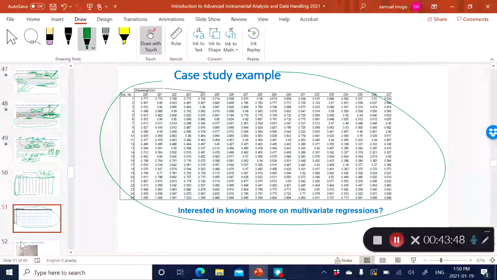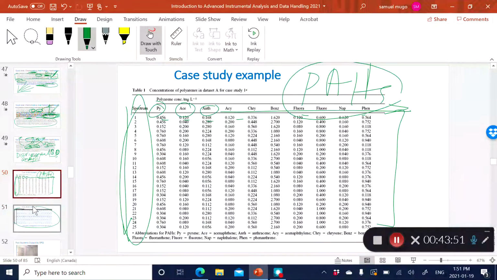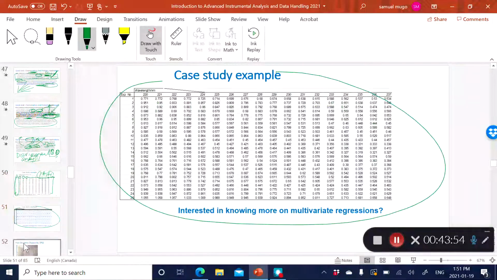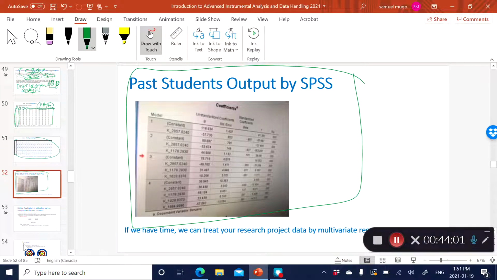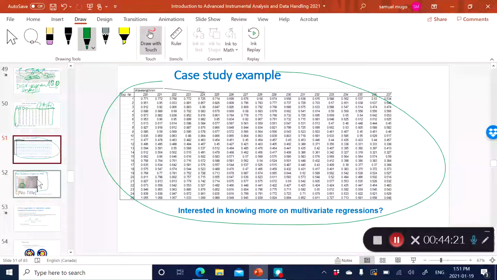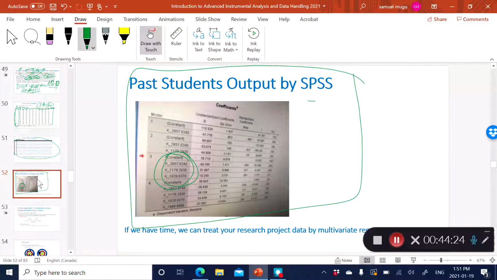And so based on that, I know the concentration, I know the signals, I can use something like SPSS to build a model that tells me which are the best wavelengths that best predict each of those types of PAHs, and so I can build 10 models for all these different types of PAHs. So not very difficult to do. Again, you can use statistical packages to do that.